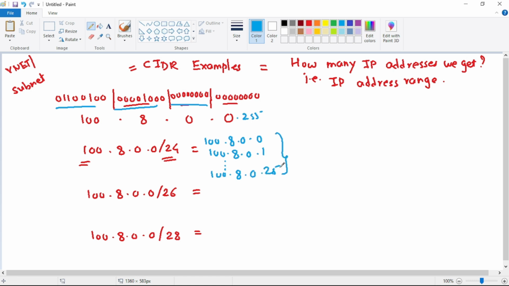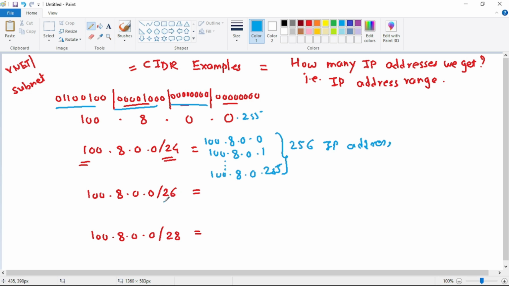So in total we get 256 IP addresses. It's because the first 24 bits in that IP address range are constant, and the only variable part is the last 8 bits, which at max represent 0 to 255. If you have not understood it, that's okay. Let's try to understand it with some other example.